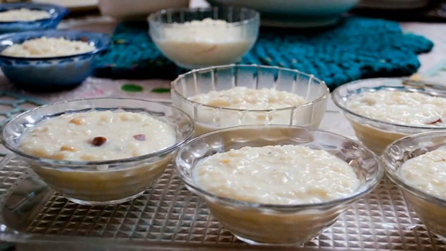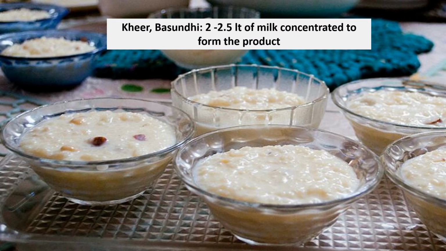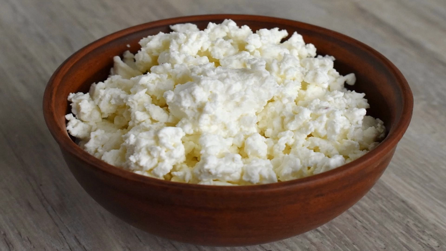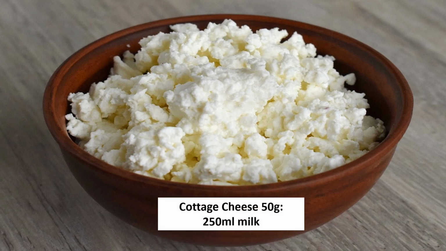Buttermilk may contain only 40 to 50 ml of milk, whereas if you were to prepare kheer or basundi, you may need 1 liter or 2 liters of milk, which is concentrated to form the product. And interestingly, for the cottage cheese or paneer which we use at home, about 250 ml of milk will only give you 50 grams of paneer.